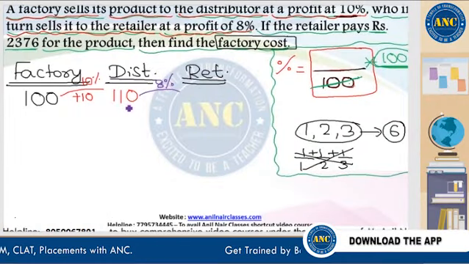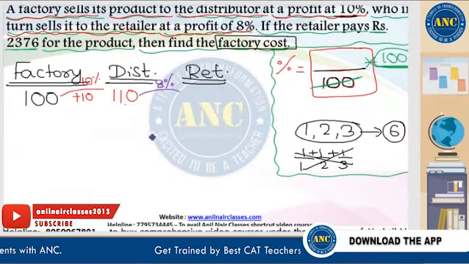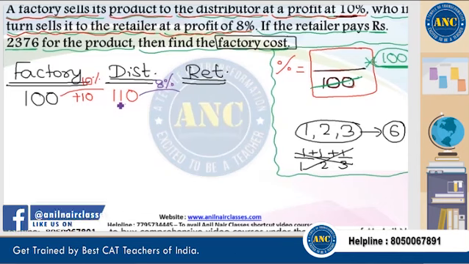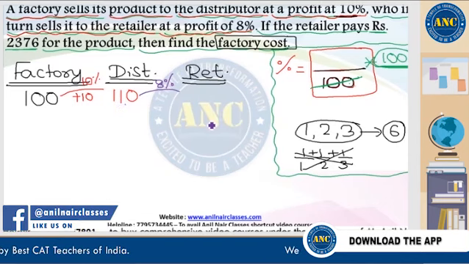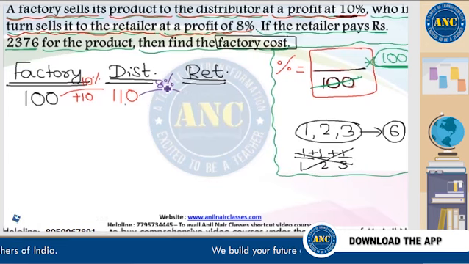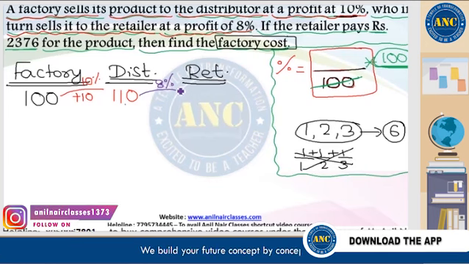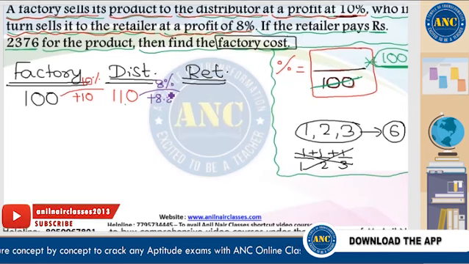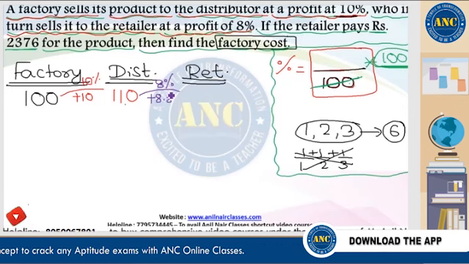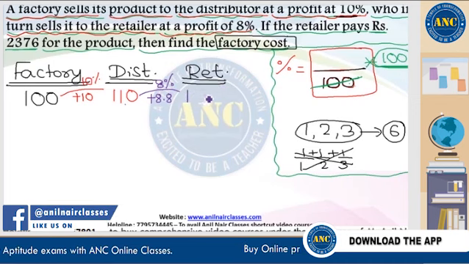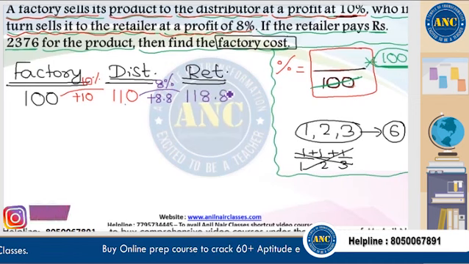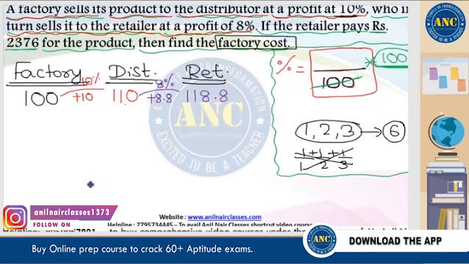For 10%, after one place keep a decimal point, it becomes 11. For 1%, after two places keep a decimal point, it becomes 1.1. So 1% is 1.1, and 8% is 8.8. That means the distributor will sell it to the retailer at 8.8 rupees more than 110, which is 118.8.